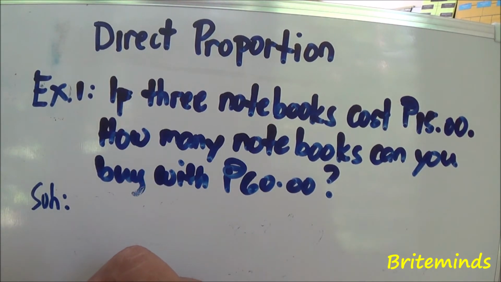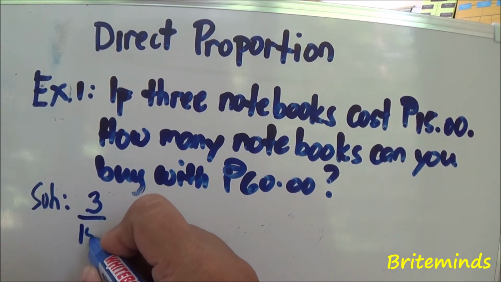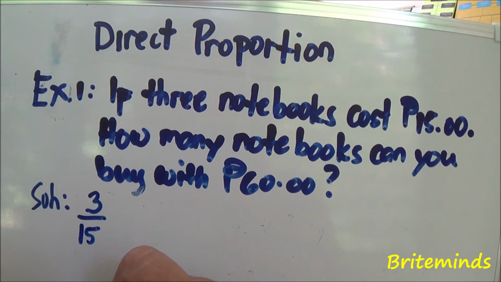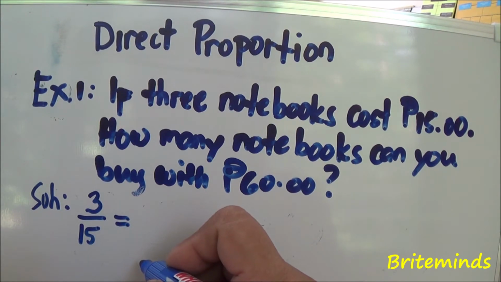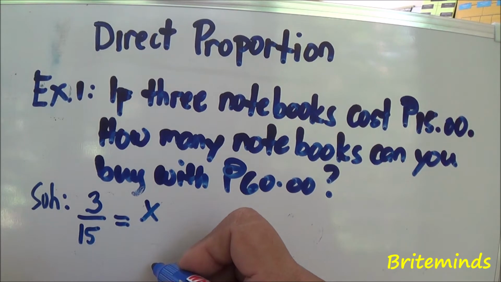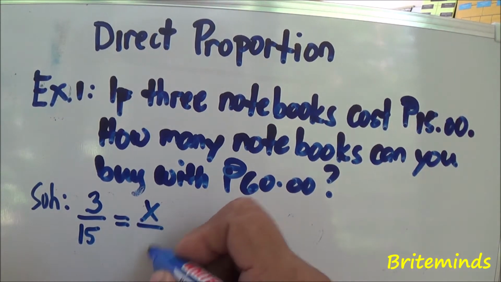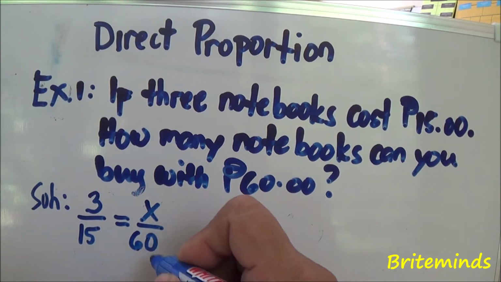So if 3 notebooks cost 15 pesos, how many notebooks can you buy with 60 pesos? We assign x to the number of notebooks with the cost of 60 pesos.